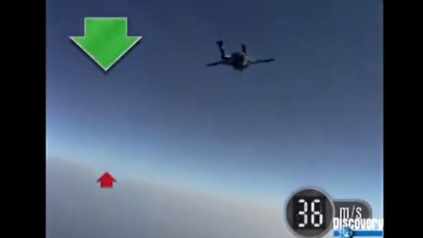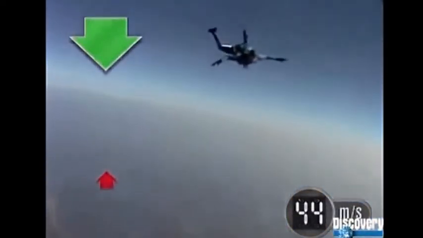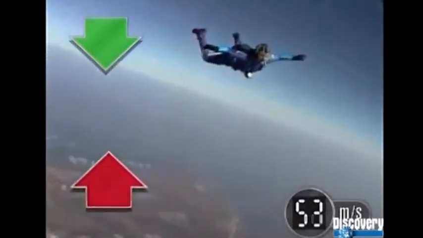At the beginning the gravitational force is bigger than the frictional force. As time moves, you can see that the frictional force increases, because when we have more speed we have more frictional force, both of them increase.